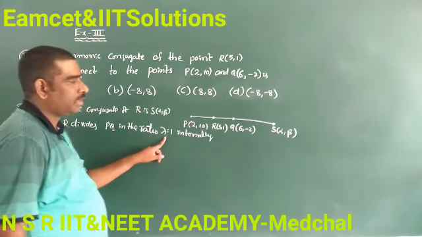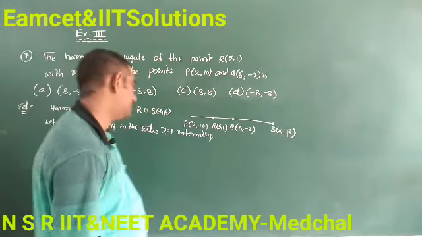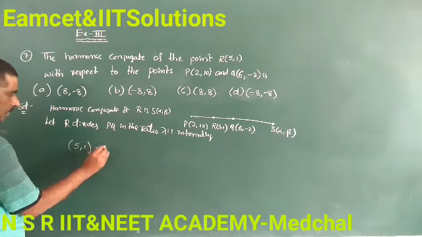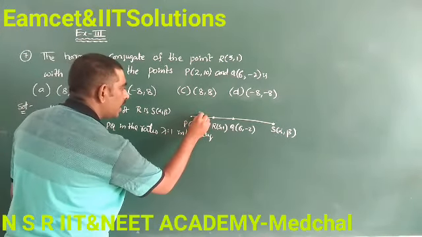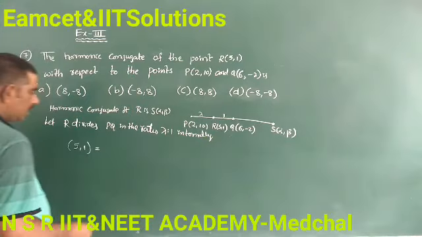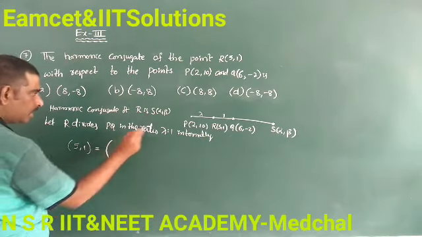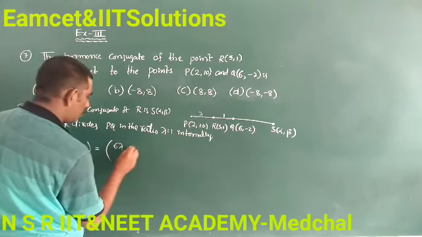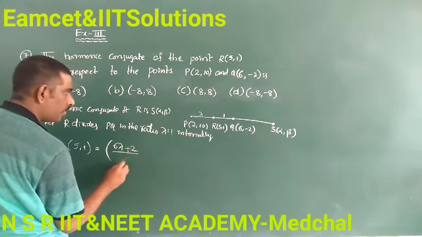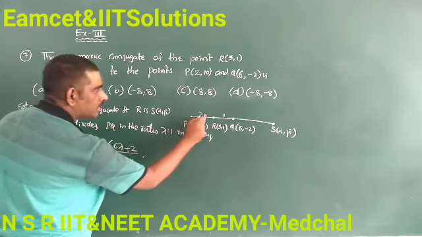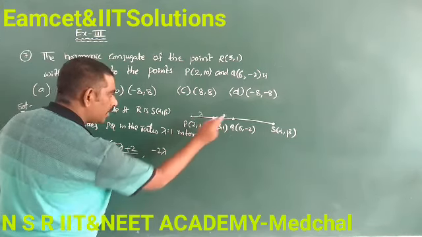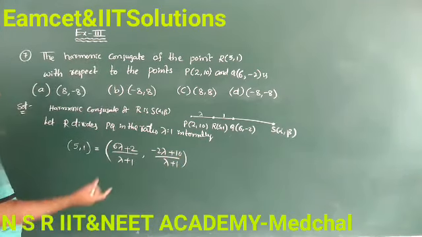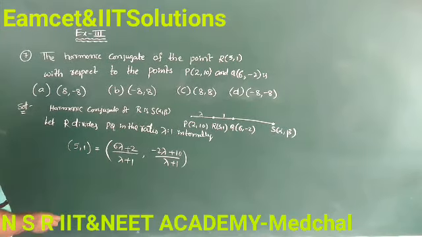If you get lambda, you can easily find it. So R(5, 1) is equal to, since R divides PQ in the ratio lambda is to 1, apply the internal formula: (lambda into 6 plus 1 into 2) by (lambda plus 1), next (lambda into minus 2 plus 1 into 10) by (lambda plus 1). Equating either the x coordinate or the y coordinate, we get the same lambda value.